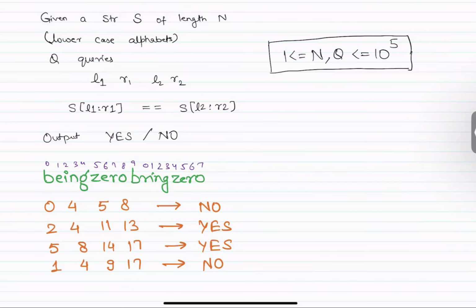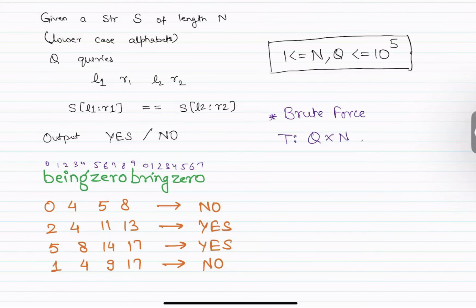If we go with a brute force idea, every query will take how much time? Order of n. Yeah, each query will take n time. So can we say overall queries will take q into n?